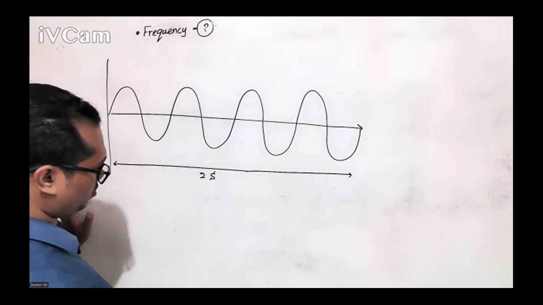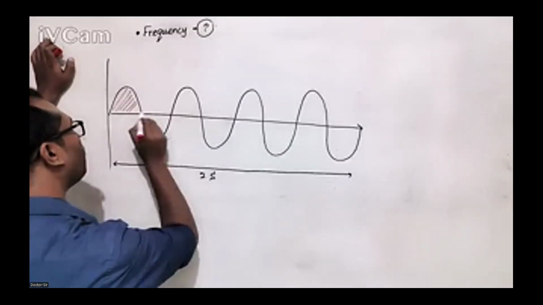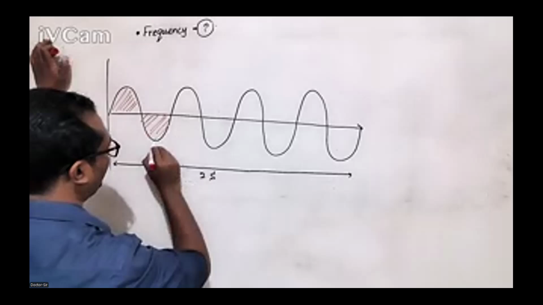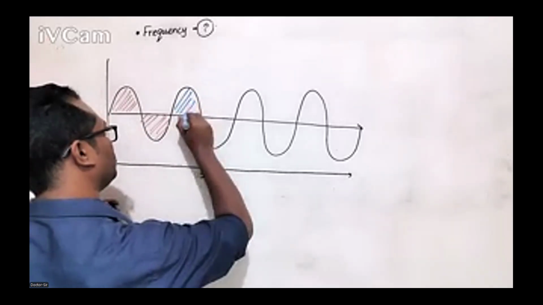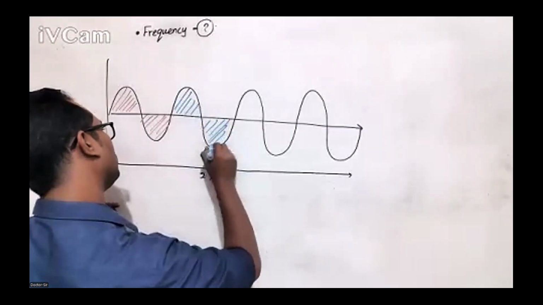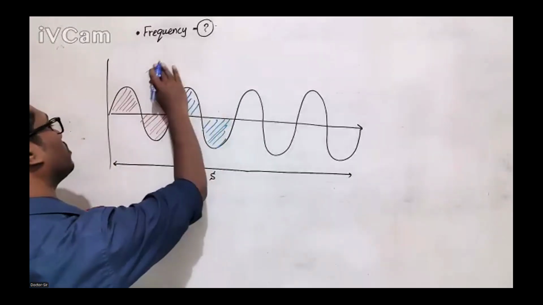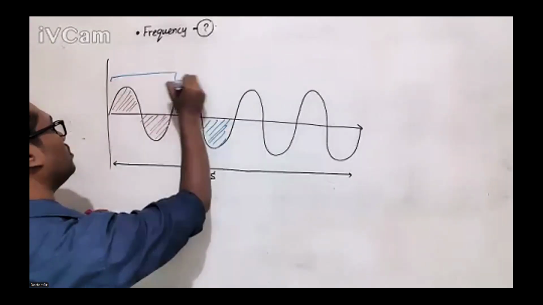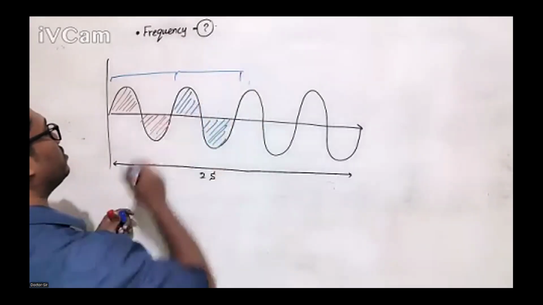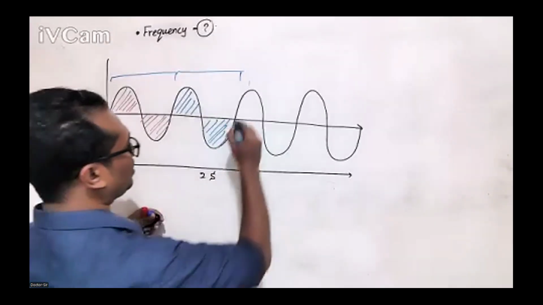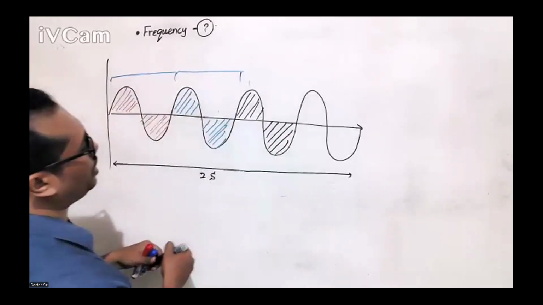Why? I will explain again. This is one wave cycle, this is another wave cycle, so this is one, this is two. From here to here, then I will take the black color, this is another wave cycle, so three, and here is another one.